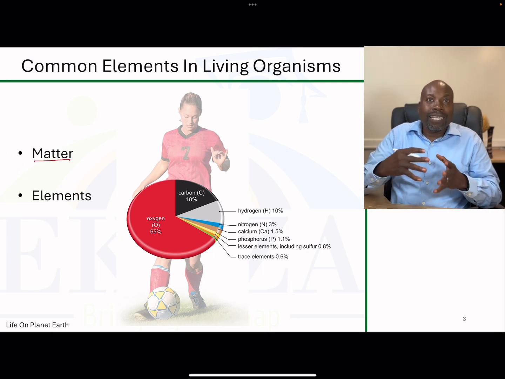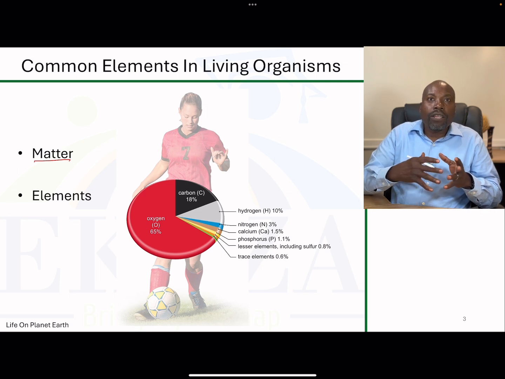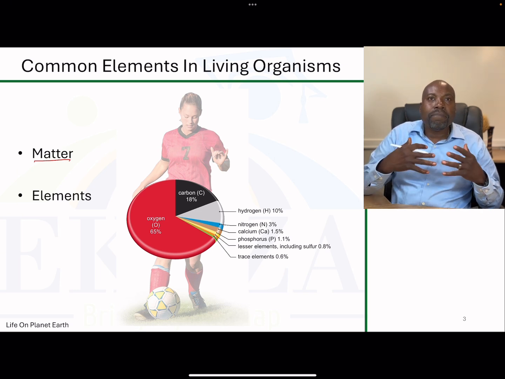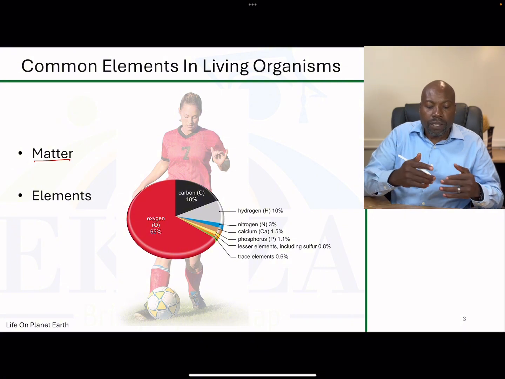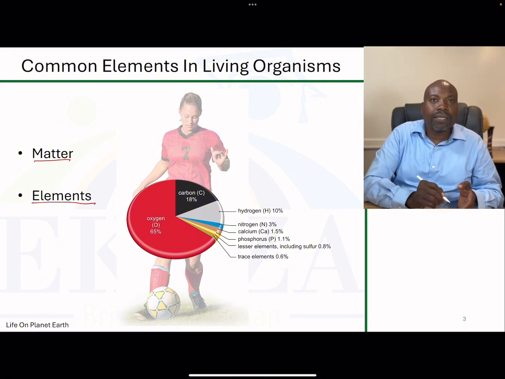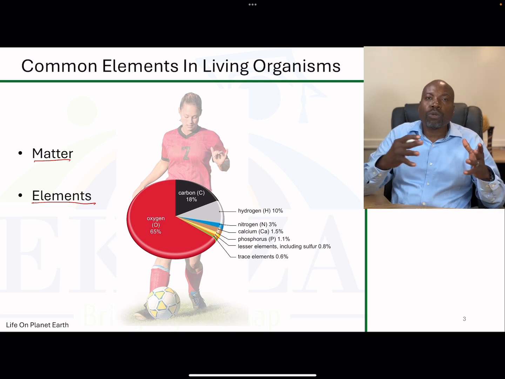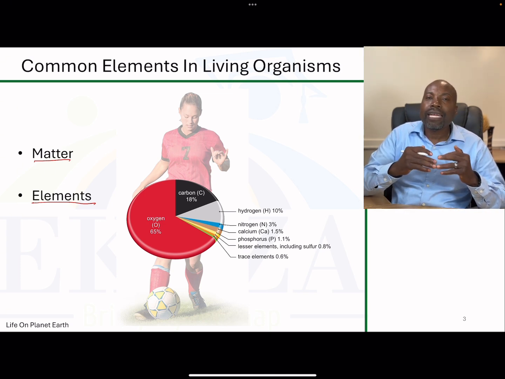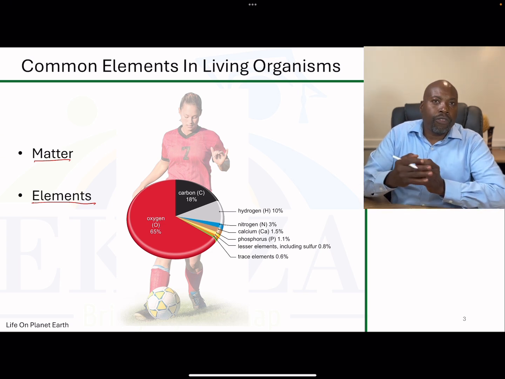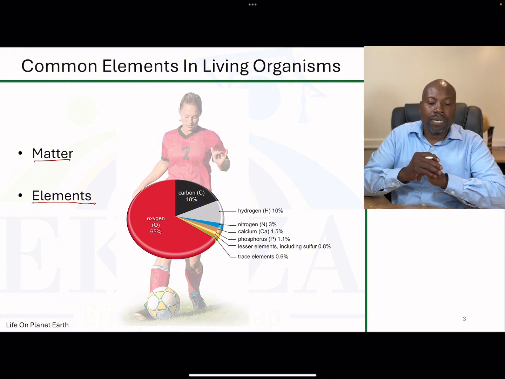And matter itself is all the elements that make us up, right? So these elements occur naturally in the environment. There are about 92 naturally occurring elements on Earth in our environment.